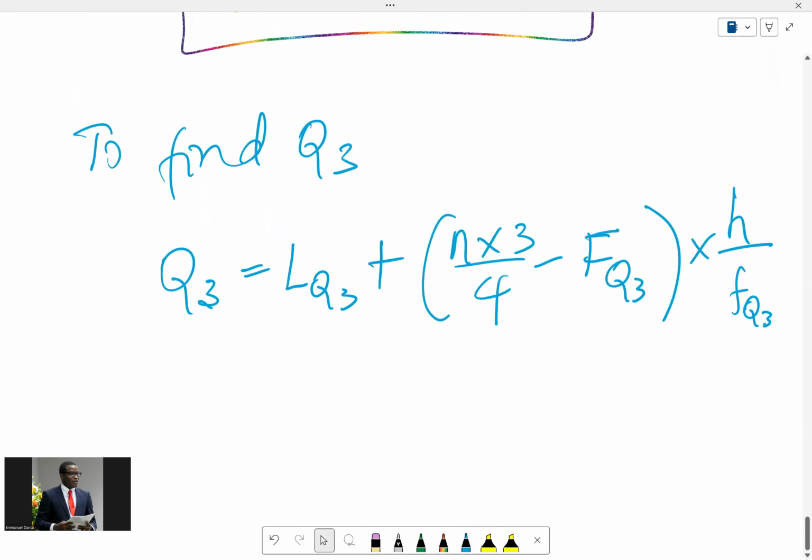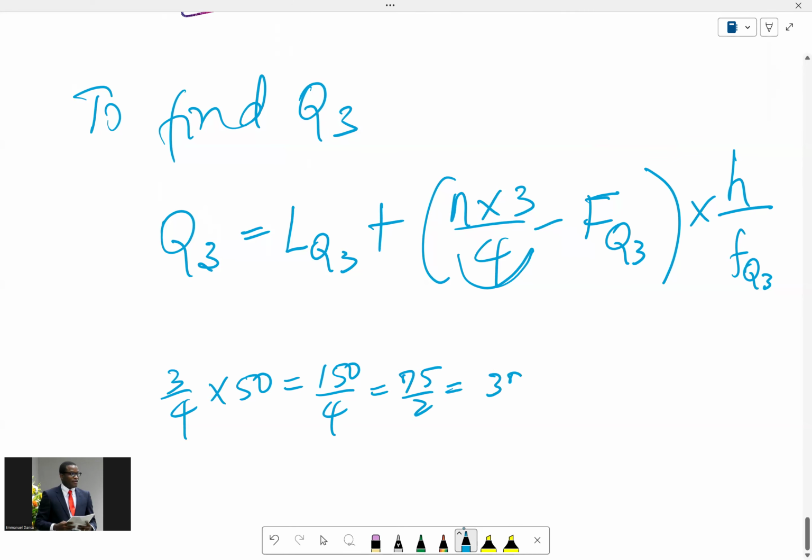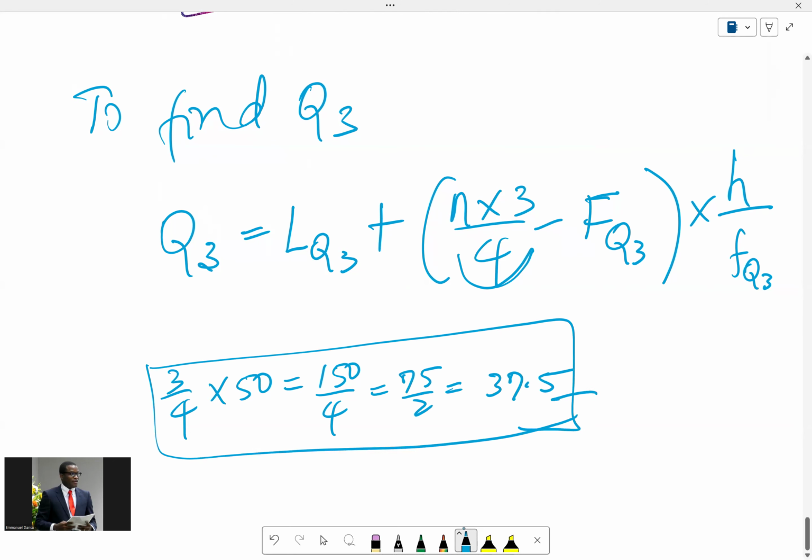Now the question is, what is the third quartile class? To find that, we use 3 over 4 times 50, that is 150 over 4, which is 75 over 2, that is 37.5. This tells us the Q3 class. Wherever the cumulative frequency is 37.5, that's our Q3 class.